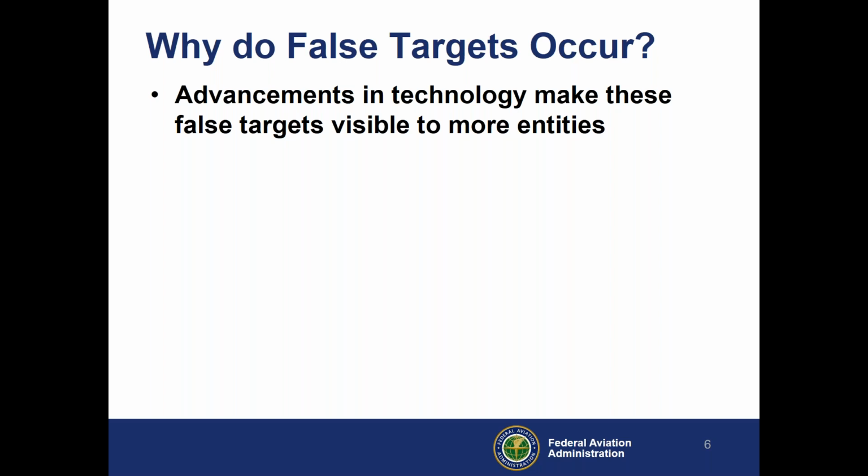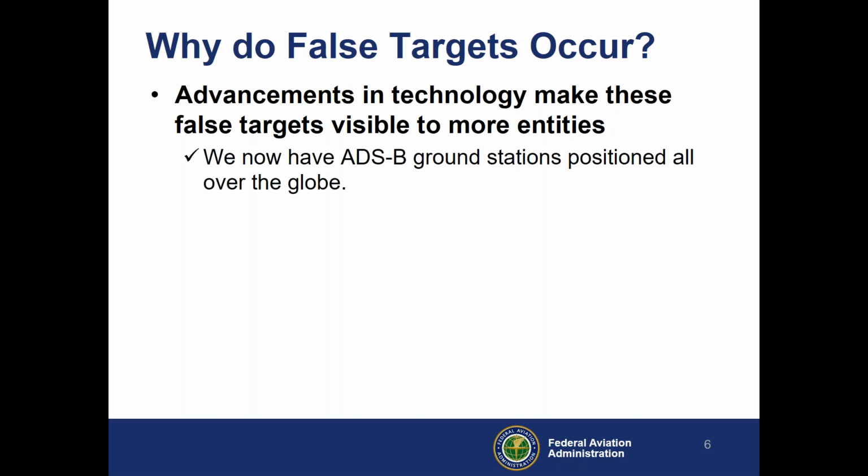Now that there have been more advancements in technology, these false targets are visible to more entities, not just airborne TCAS units. We now have ADSB ground stations all over the country.